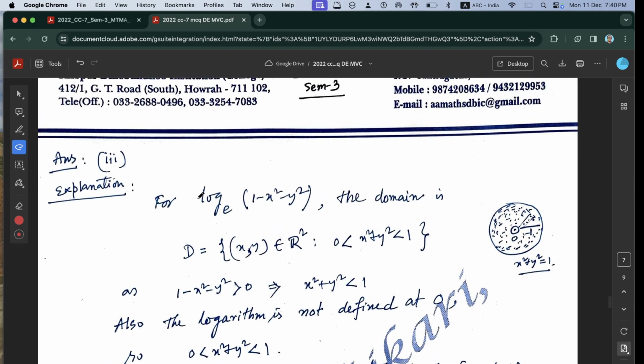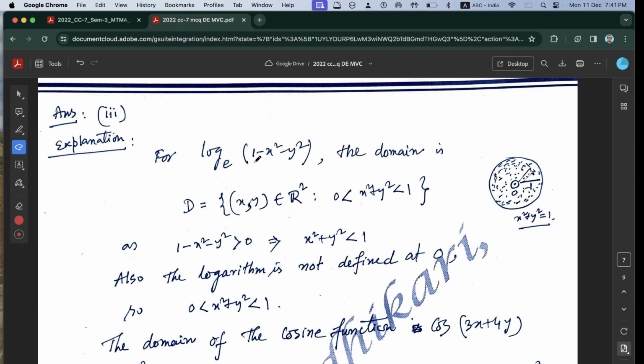Here the domain D is all those points (x,y) belonging to R2, the Cartesian plane, such that 0 less than x square plus y square less than 1. So this is the interior of the circular disk except the center origin.